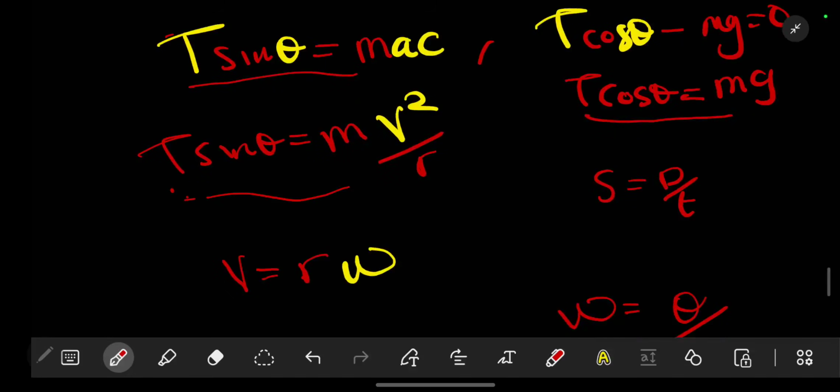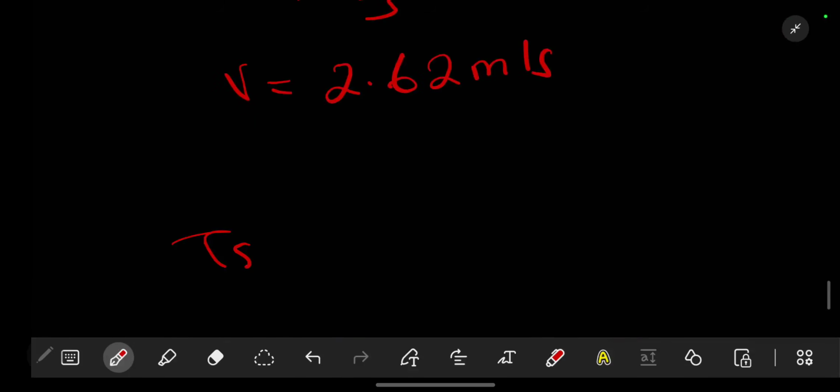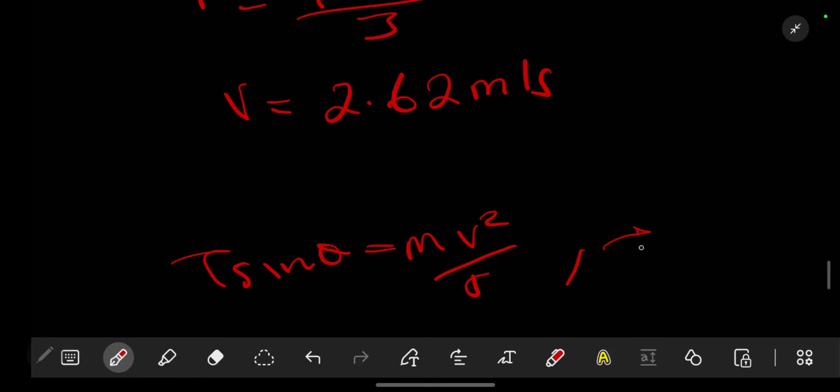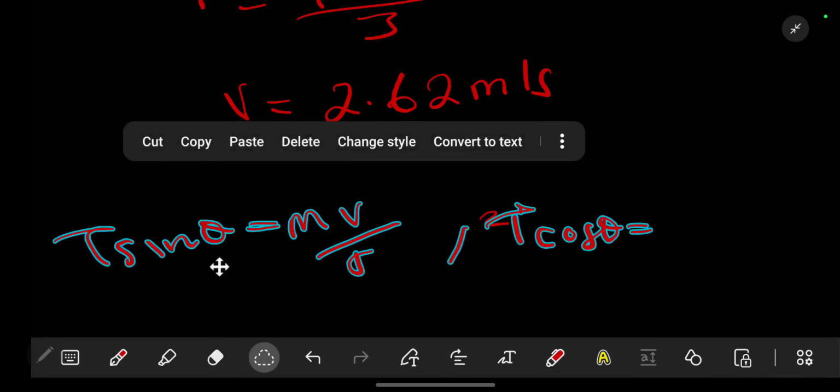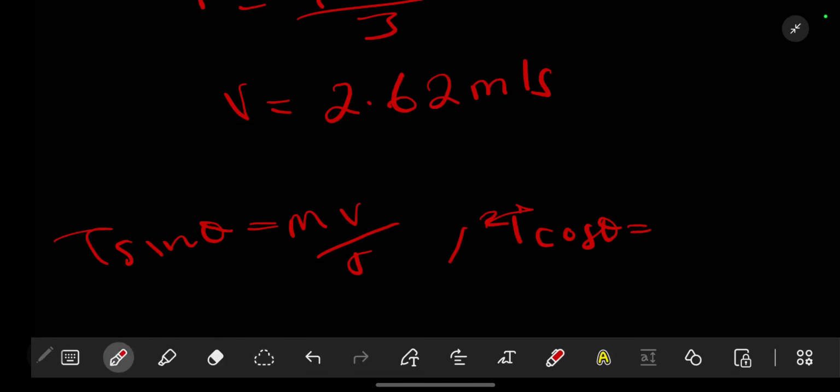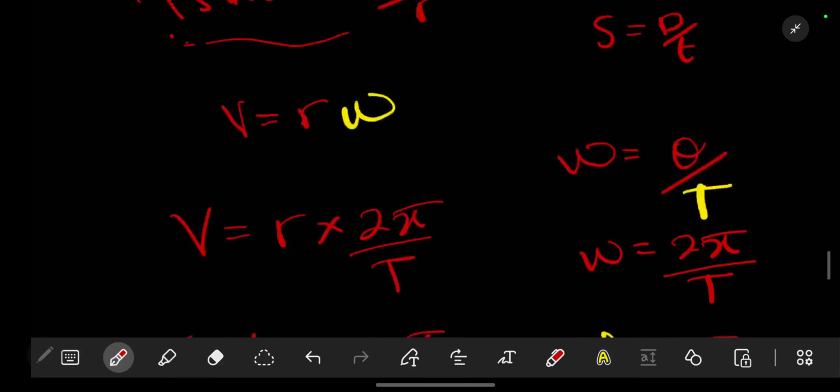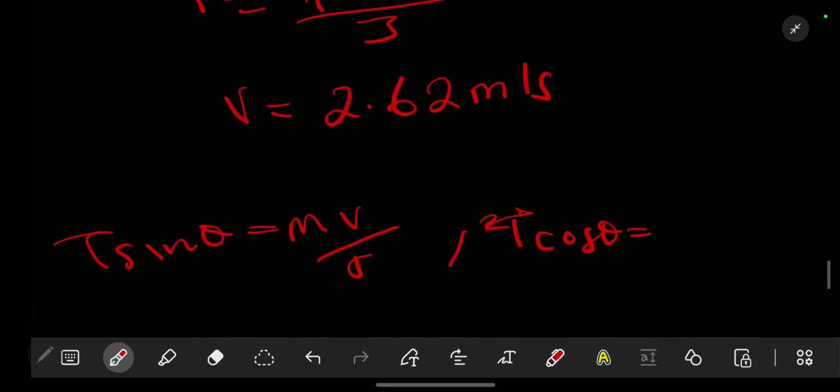We have T sine of theta equal to mv squared over r. We also have T cosine of theta equal to mg.